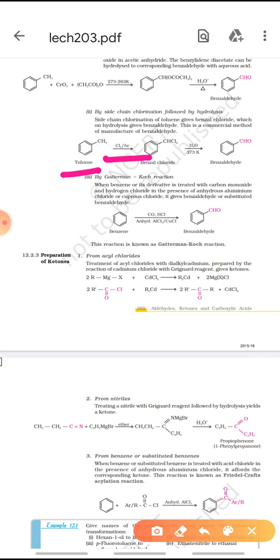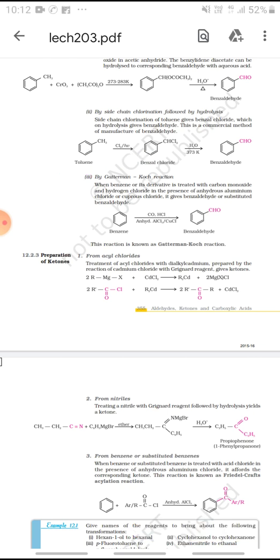If we have to add Cl2 to the benzene ring, we have to do the reaction in dark in presence of Fe3+. But here we have to add Cl to the carbon, which is the aliphatic part. So we can use Cl2 and light. It will give benzyl chloride, which on hydrolysis at a temperature of 373 Kelvin will give benzaldehyde.